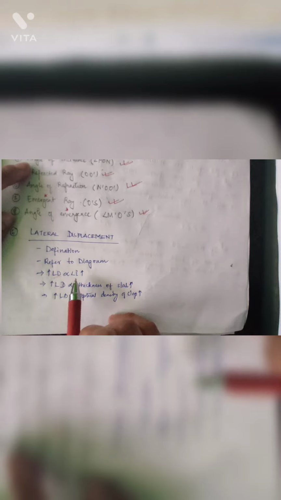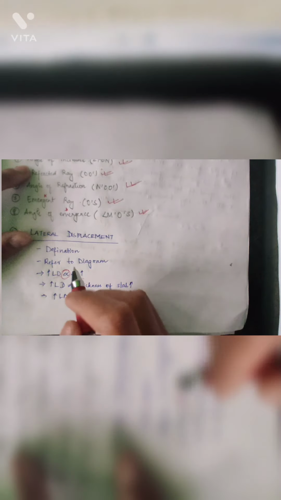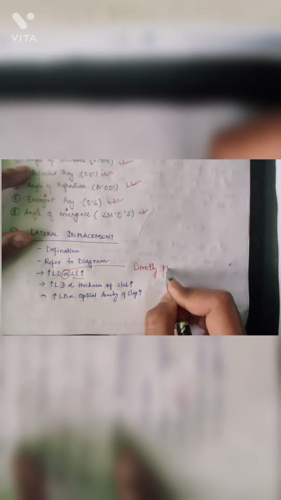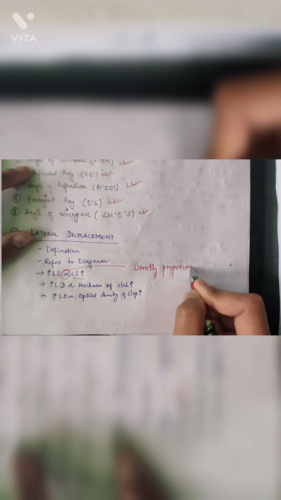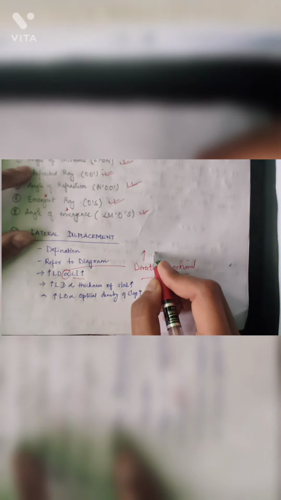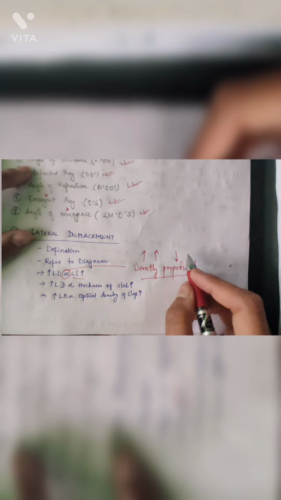If there is an increase in the lateral displacement, there is also an increase in the angle of incidence. That is, they are directly proportional. This means if the lateral displacement increases, the angle of incidence also increases, and if the lateral displacement decreases, the angle of incidence also decreases.